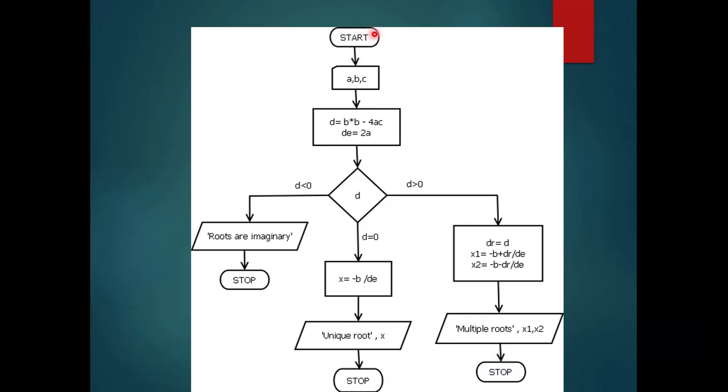So this oval shape is used for the start as well as the stop option. This is the arrow. Then you have this rectangular box with the left upward part having some cut, looking like something like a SIM card.